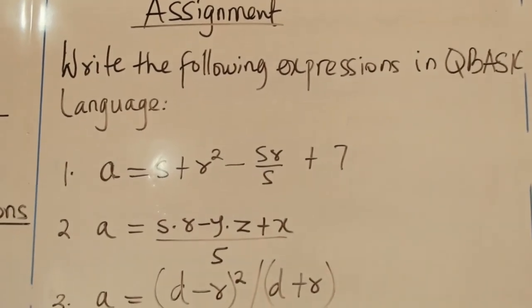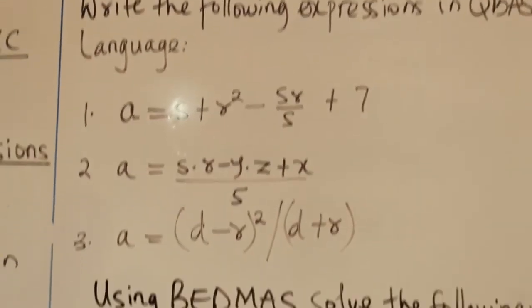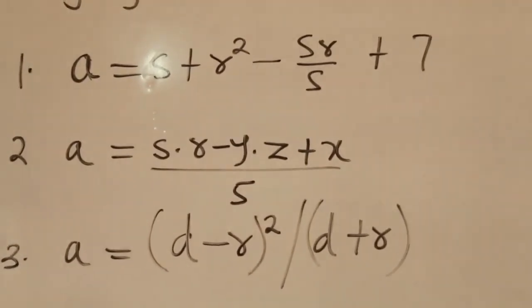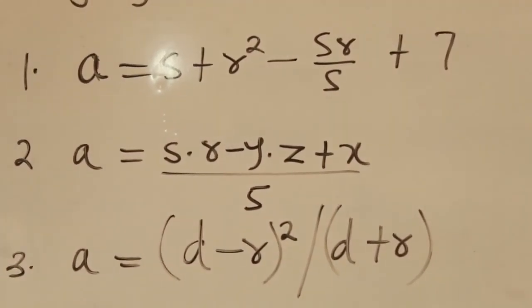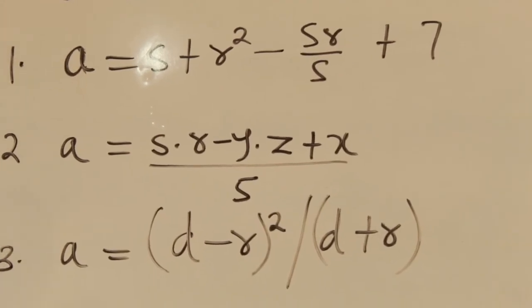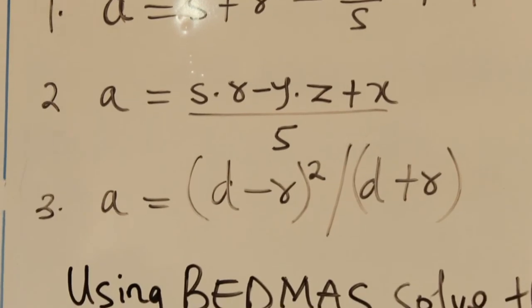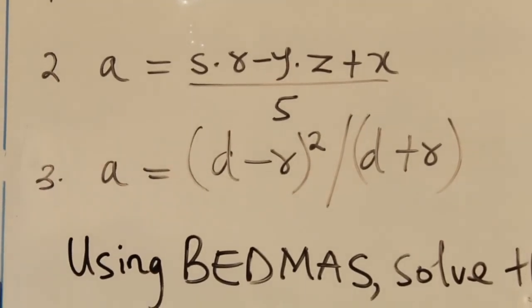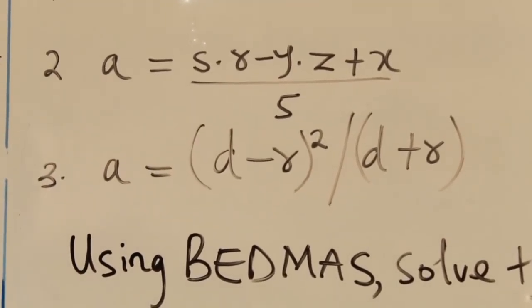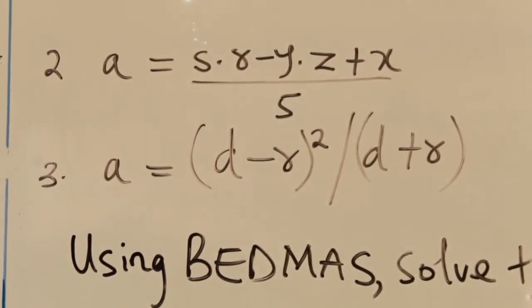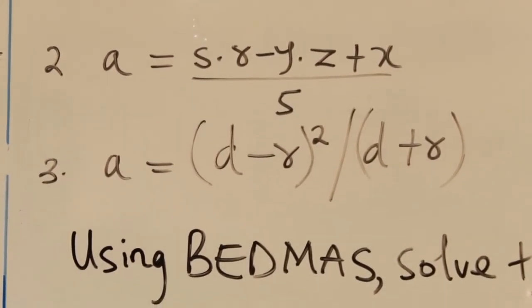Number 1, A is equal to s plus r squared minus sr divided by s plus 7. 2, A is equal to s times r minus y times z plus x, all divided by 5.